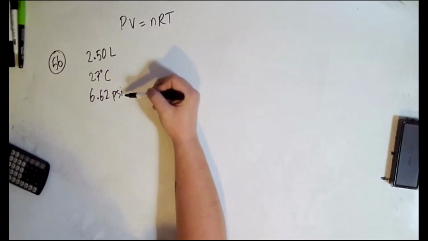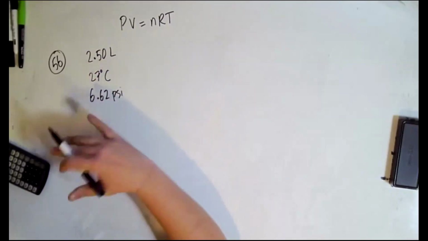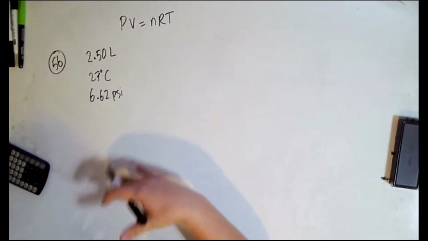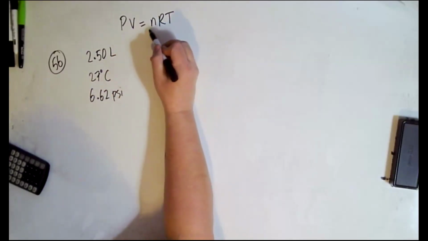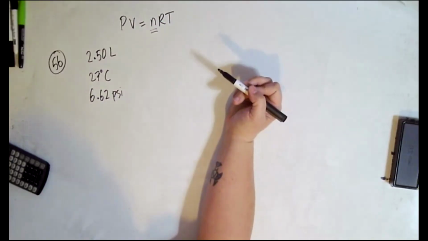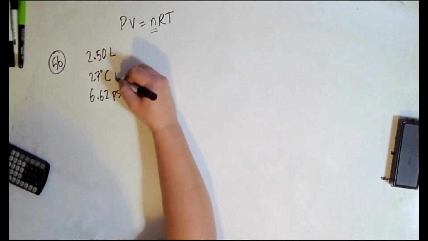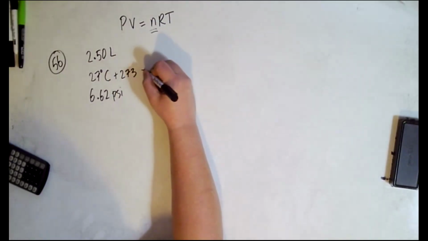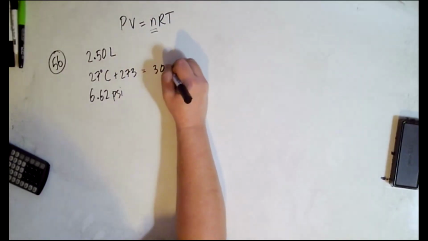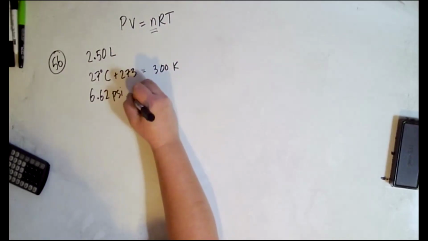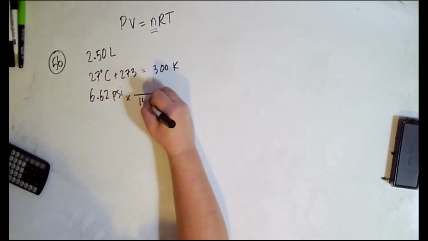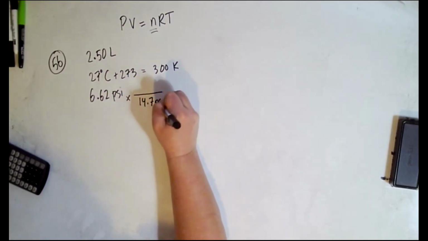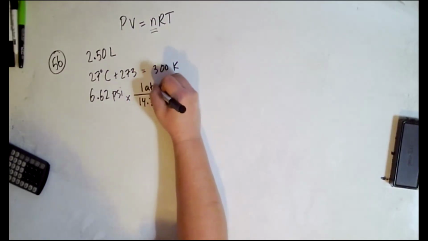So they've given us temperature and pressure that we're going to have to change into the correct units before we can solve this equation. In this case, we'll be solving it for moles. Okay. So we'll add our 273. And for our pressure, we know that there's 14.7 psi in 1 atm.